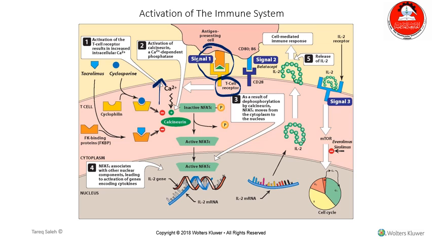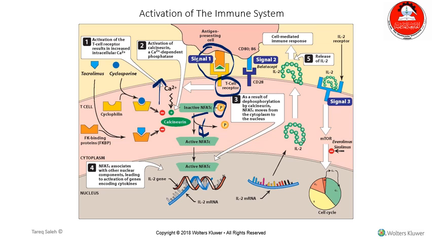Calcineurin can then convert another protein called NFAT, or nuclear factor of activated T cells, by removing the phosphate group attached to that molecule. This converts NFAT from its inactive form to its active form, which means it can then travel from the cytoplasm to the nucleus, where it can exert different functions.